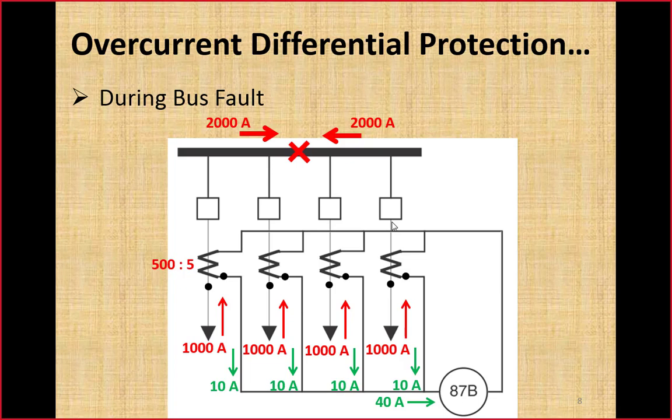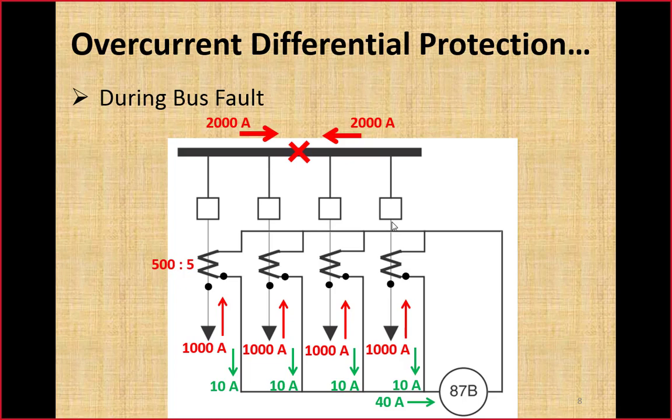So in case of a fault inside the zone of protection of this bus bar differential, 40 ampere current will flow towards that differential branch and relay can easily detect this fault. Now here if we compare this situation with the one that we have just discussed, the normal operation of system, in case of normal operation, there was no current towards the differential branch, zero current.